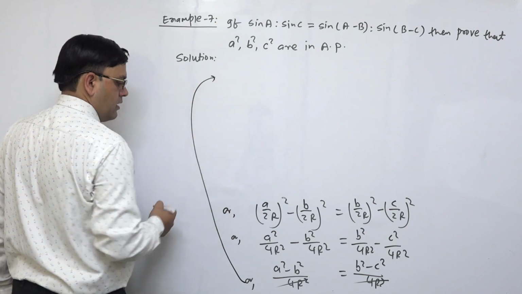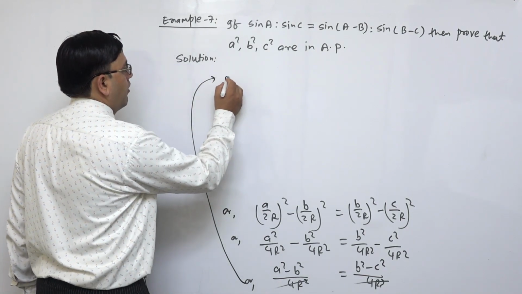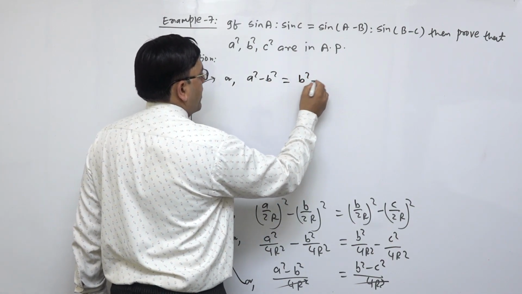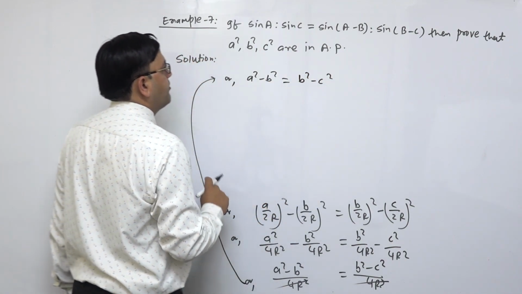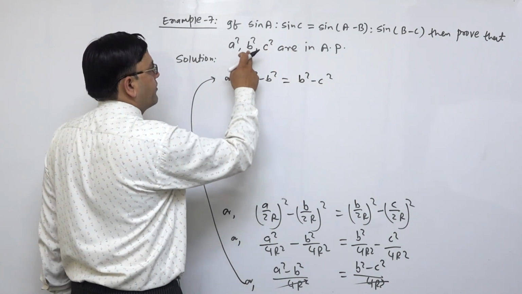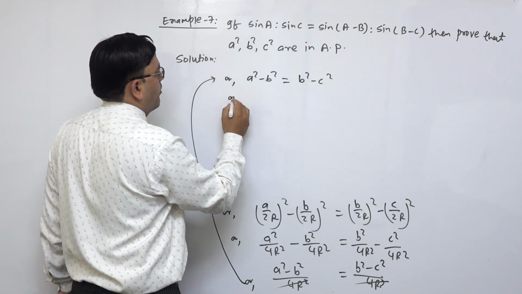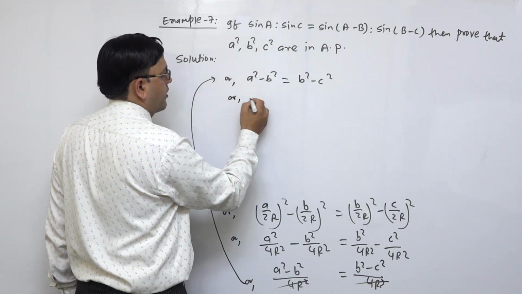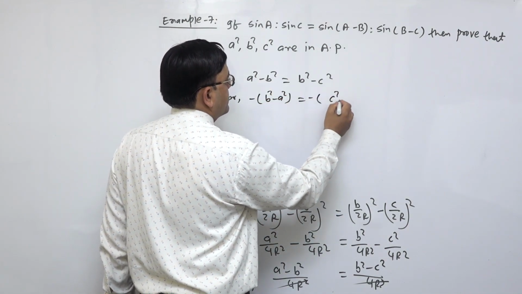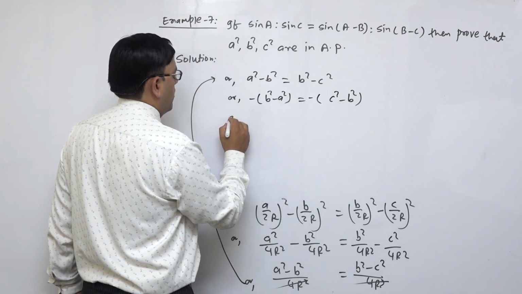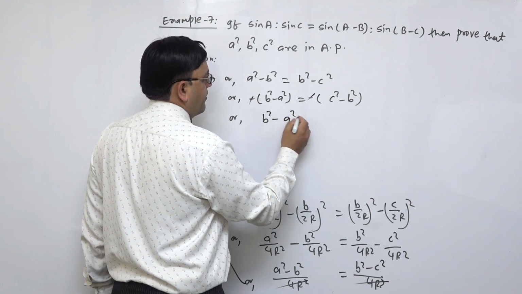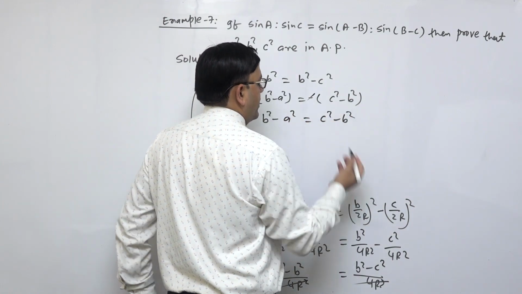Now remaining is a square minus b square is equal to b square minus c square. We have to prove a square, b square, c square are in AP. So we can show it: b square minus a square, taking minus common, is equal to c square minus b square.